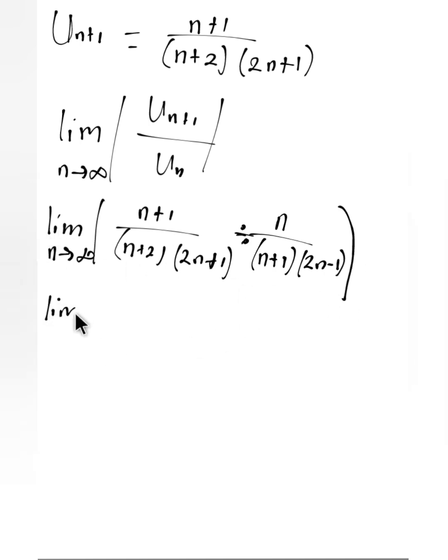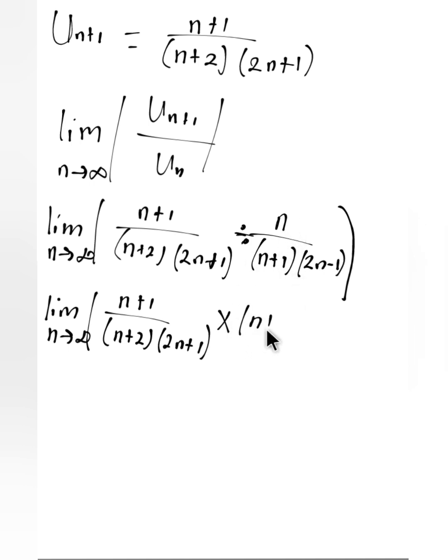So we need to simplify the whole of this expression. We have the limit as n tends to infinity of n plus 1 over n plus 2 into 2n plus 1, divided by n over n plus 1 into 2n minus 1. This division sign will turn to times. Then we take the down parts up and take the up one down. So we have n plus 1 bracket 2n minus 1 all over n.